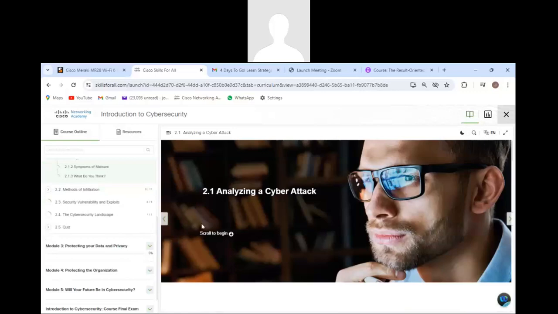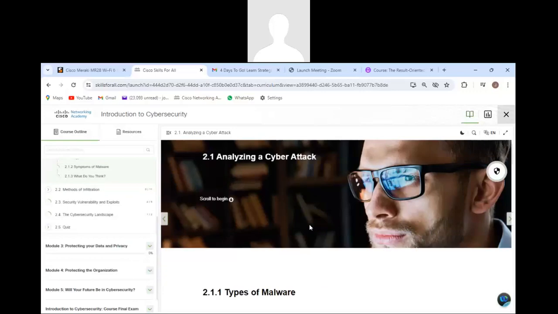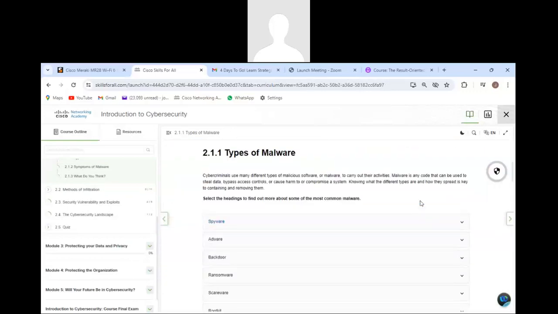Under chapter 2, we're analyzing cyber attacks. We briefly discussed this in the previous video where we talked about types of malware. Now, when we talk about malware, not every attack on our system or our files is called a virus.